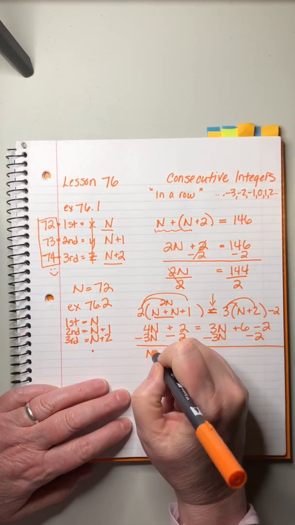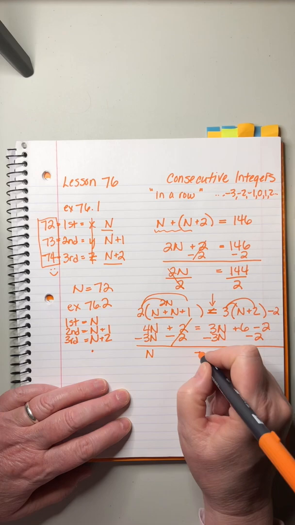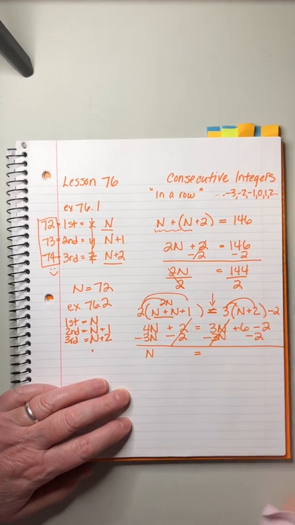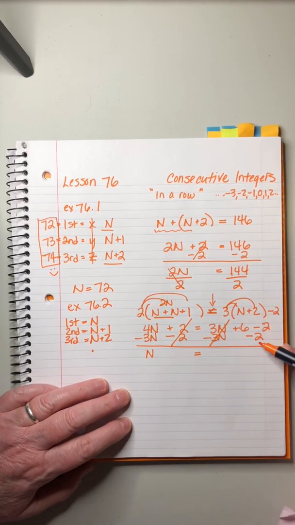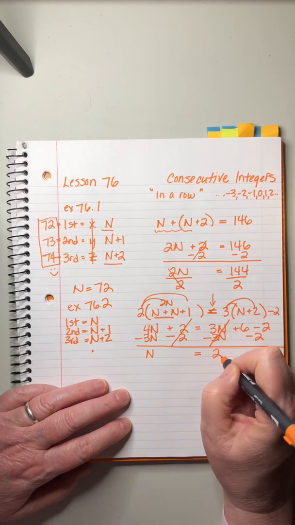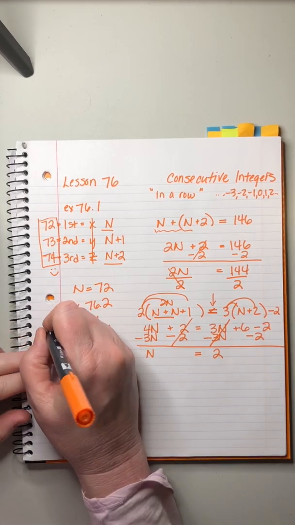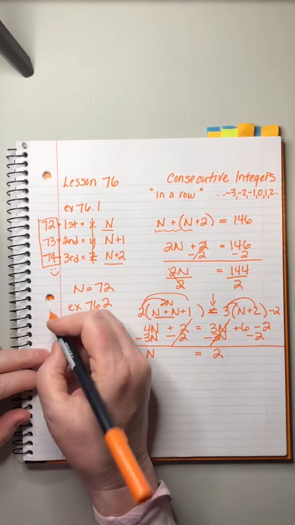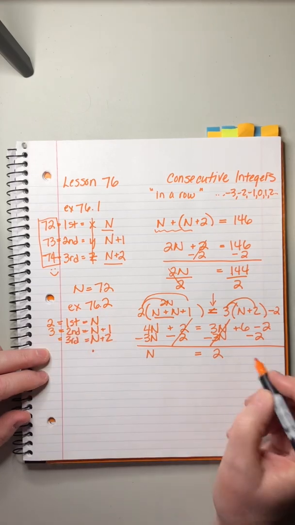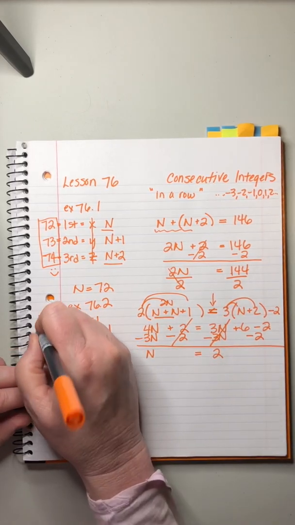This leaves me with n. That goes away. Equals that goes away. And now I have 6 minus 2 minus 2, and that will be 2. Oh. Such a cute number, right? So over here we can go 2, and then we add 1, so this is 3, and then we add 1 more, so this is 4.